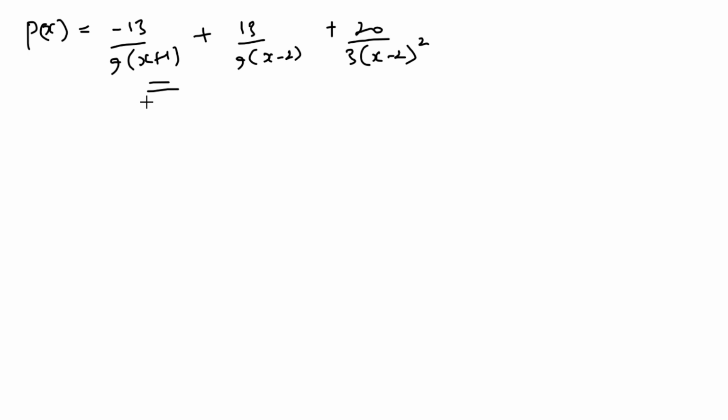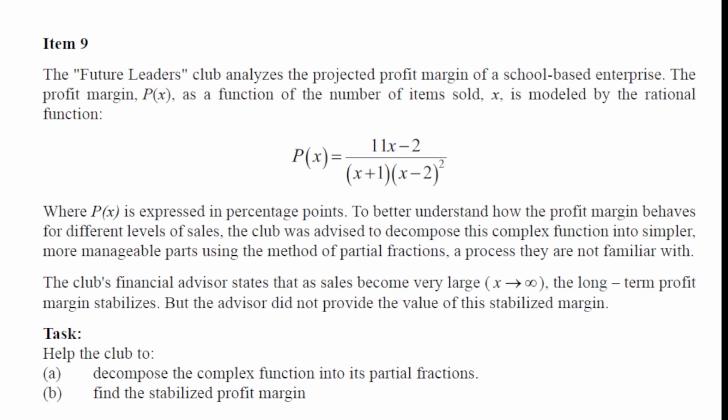And we've responded to our part A. We've decomposed the rational function into simpler parts. Now, if we come back to our equation and read the last part, the task says find the stabilized profit margin, and that is responded to by the last part.